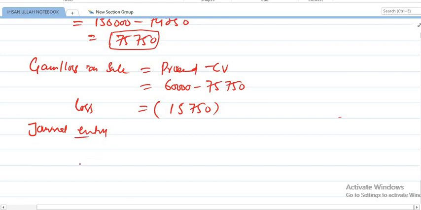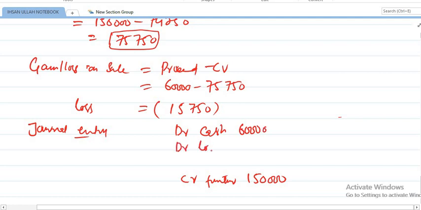Okay, now we just have to make a double entry, a journal entry, which is the requirement. So here we credit the asset, the furniture, and the furniture's original value was 150,000. Then we debit cash, and the cash was 60,000. Then we debit loss, which was 15,750.